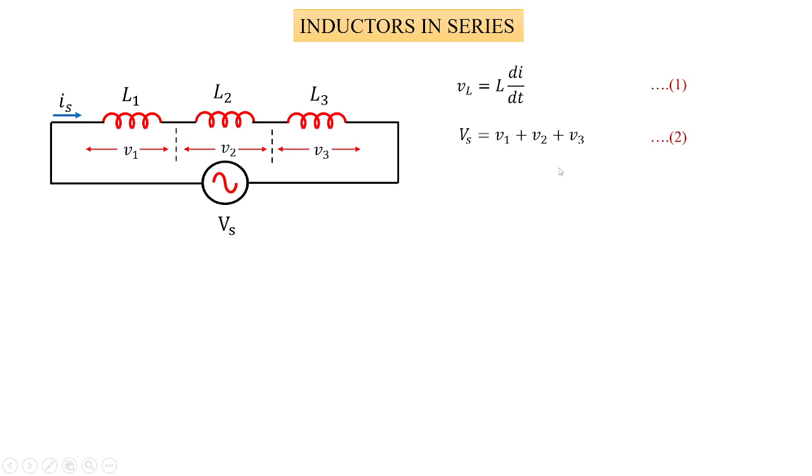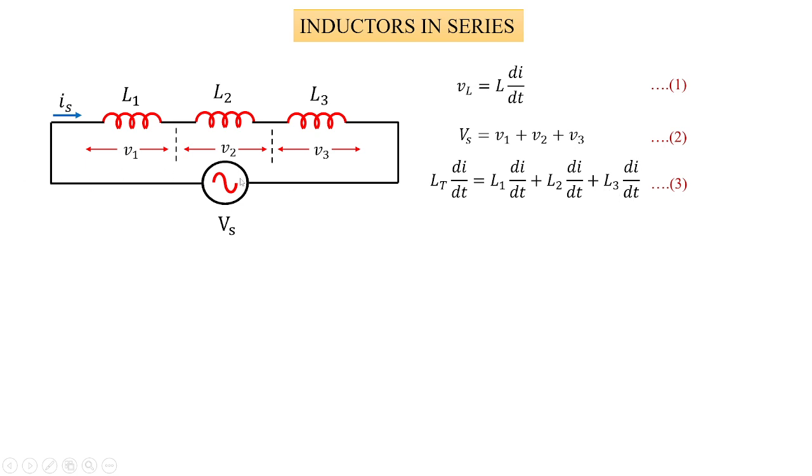Now, applying the equation 1 formula, the total voltage across this combination is LT di by dt, which equals V1, that is L1 di by dt, plus V2, L2 di by dt, plus V3, L3 di by dt.